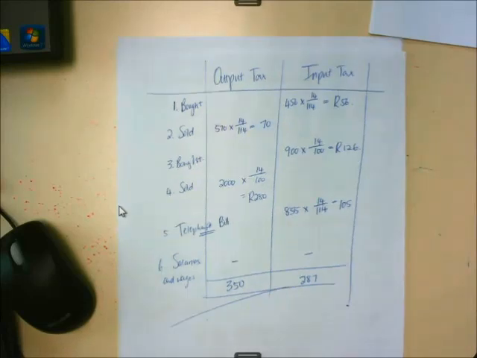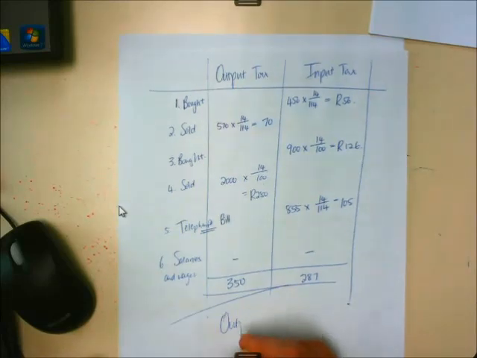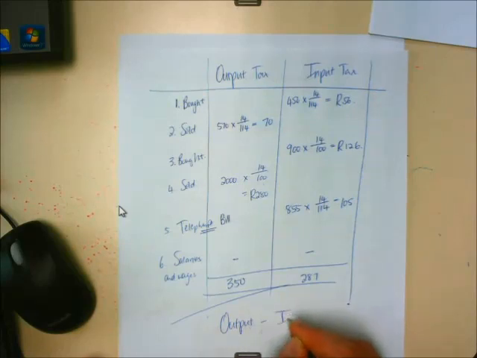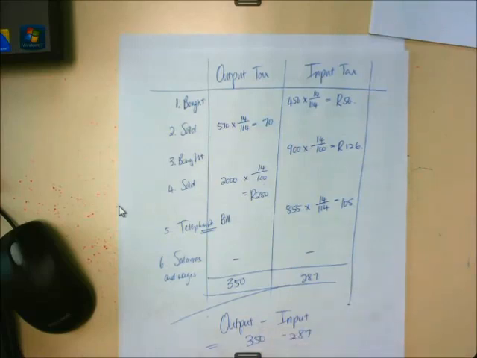And what is payable to SARS? Output minus input: 350 minus 287.